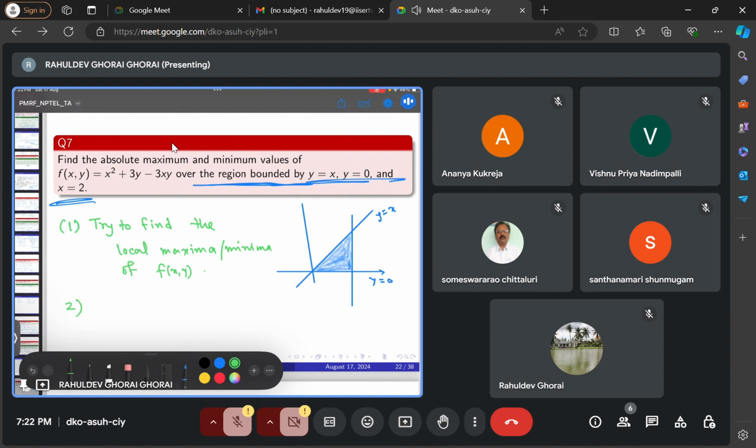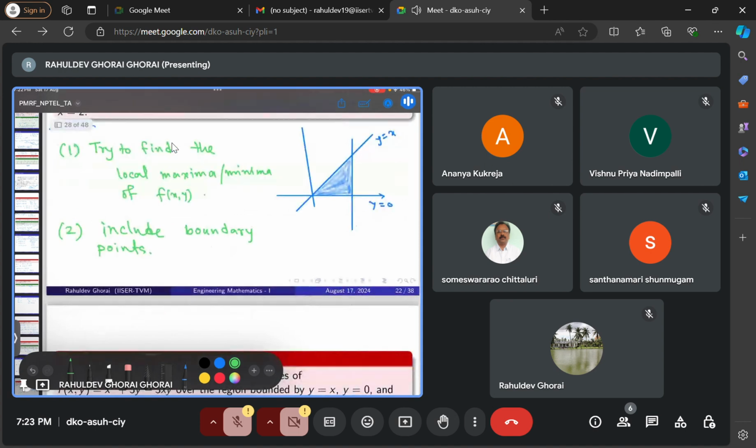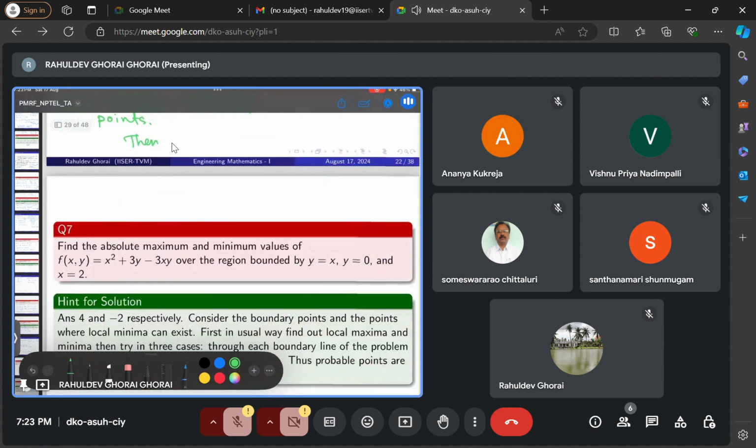And second, you include boundary points mainly. So the thing will be like this.